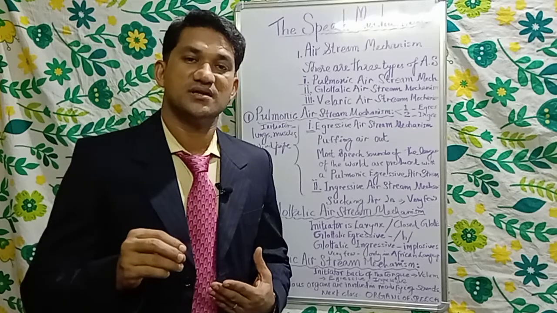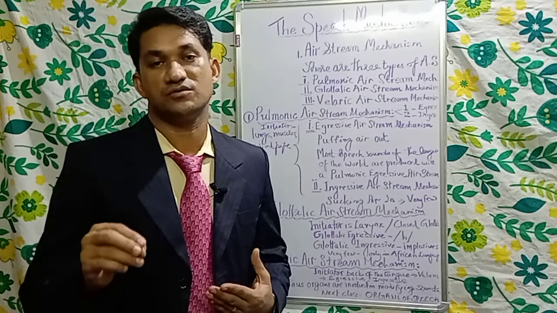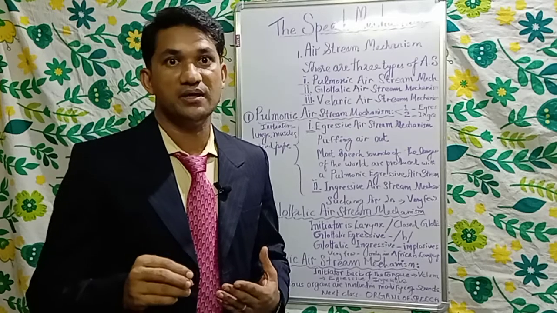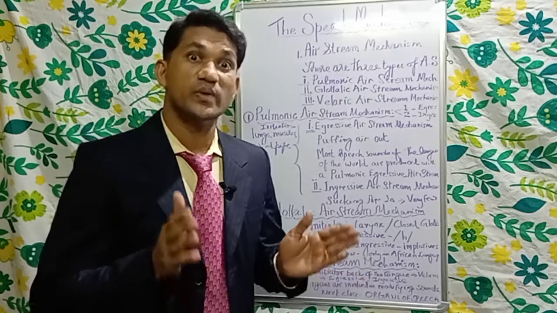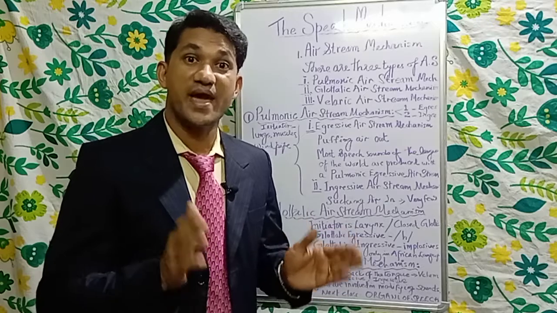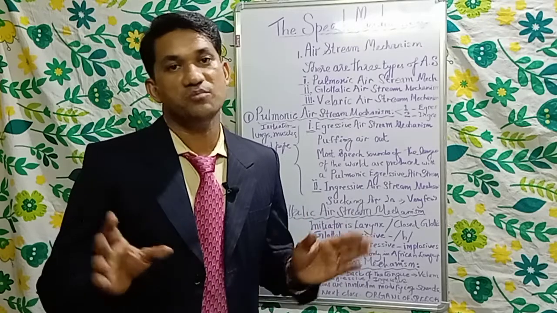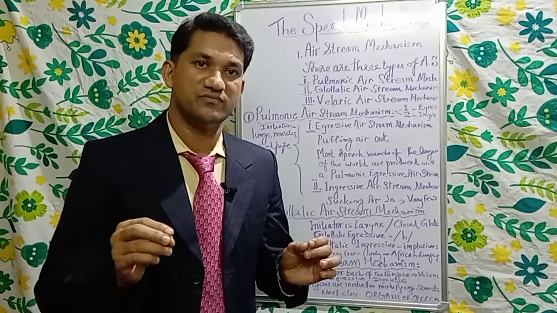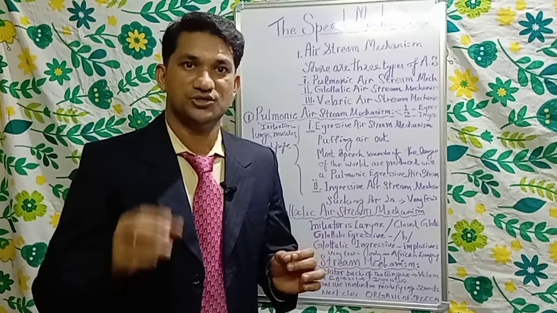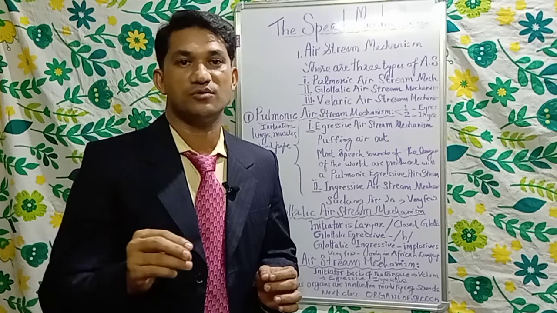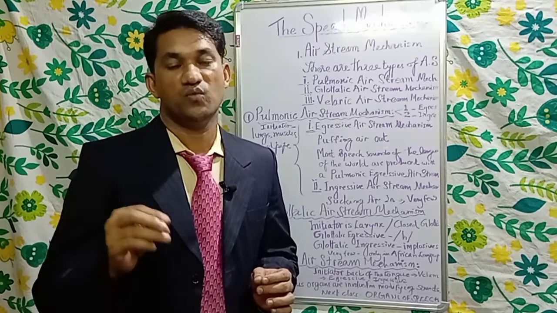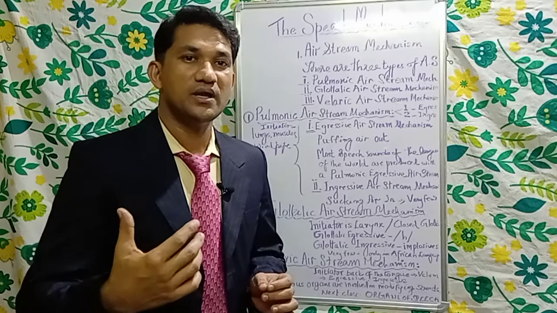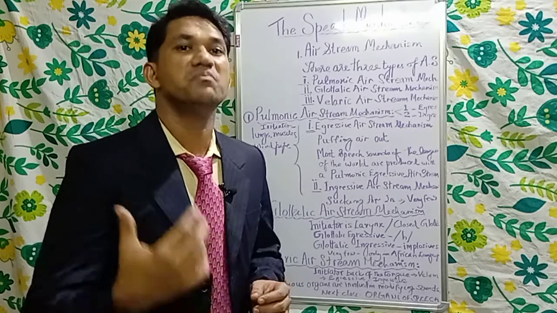And we understand that most of the speech sounds of the languages of the world are produced by a pulmonic aggressive airstream mechanism. It's very important for us. So I repeat once again, to be very precise, most of the speech sounds of the languages of the world are produced by a pulmonic aggressive airstream mechanism.